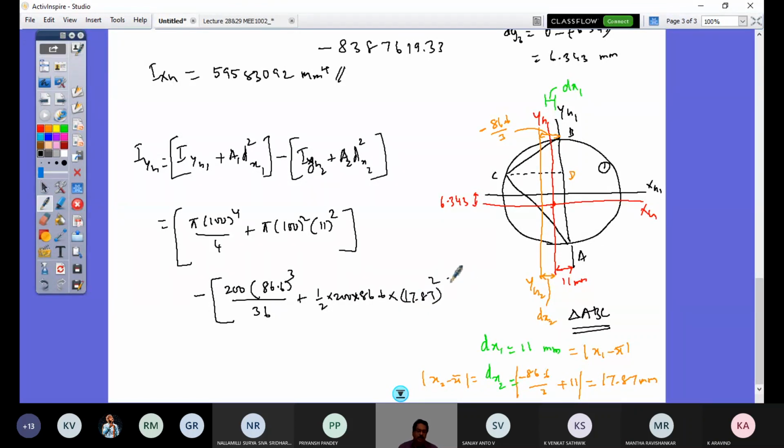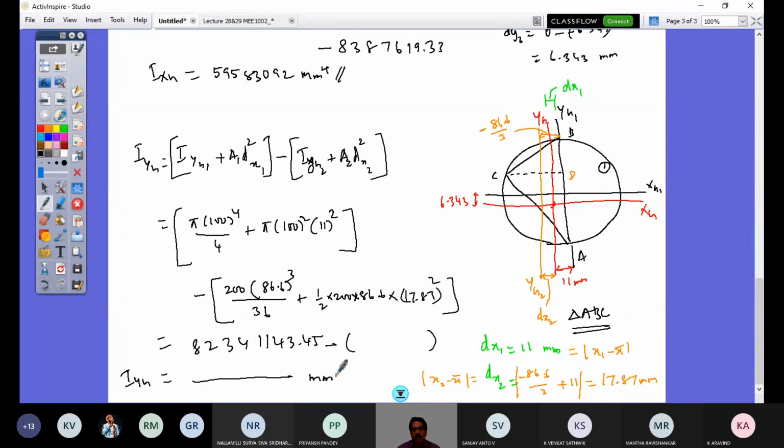So this is that value. If I work out this value, the first one is 8,234,113.45. For the second value, I made a mistake in my calculation, but that's now to be corrected. If I put 17.87, that would be changing. So I leave it to you to work out this and get your final answer of IYG. So I stop at this point.